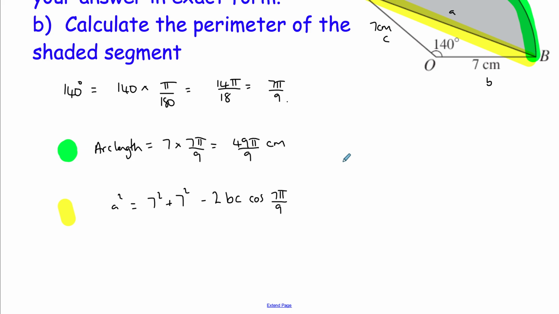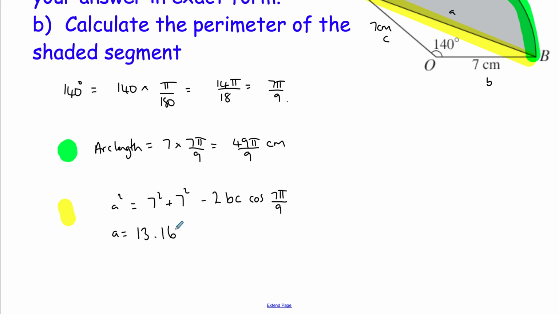I'm going to root that answer. I got 173 point something. I'm going to root that answer, and that's going to give me the straight length, and it's coming out at 13.16.